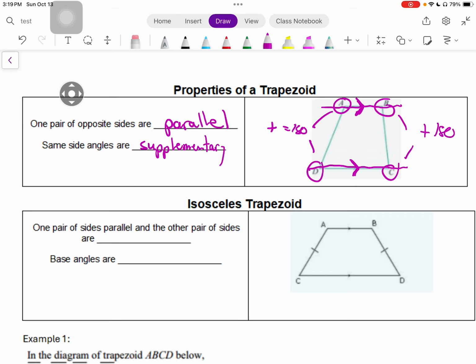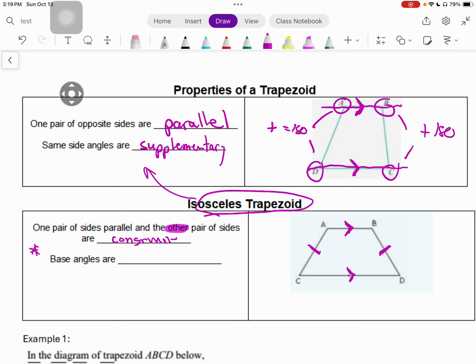We also do have an isosceles trapezoid: one pair of sides parallel and the other pair of sides congruent. So it's kind of like an isosceles triangle. If these are parallel, these are congruent. The isosceles trapezoid has these two properties, but it has these extra two.